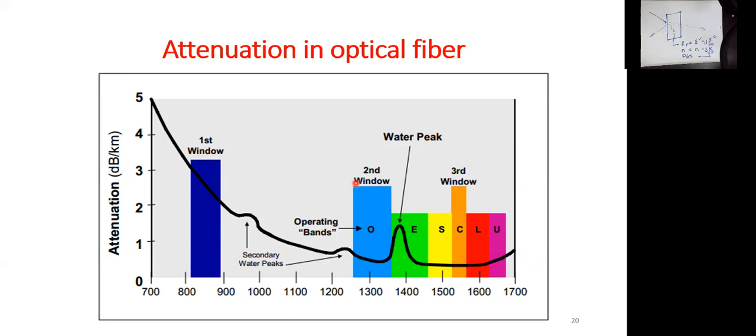This is basically because what is inside the optical fiber is an infrared laser source, not a visible light source. That's why you cannot see what is going outside the optical fiber. Okay.